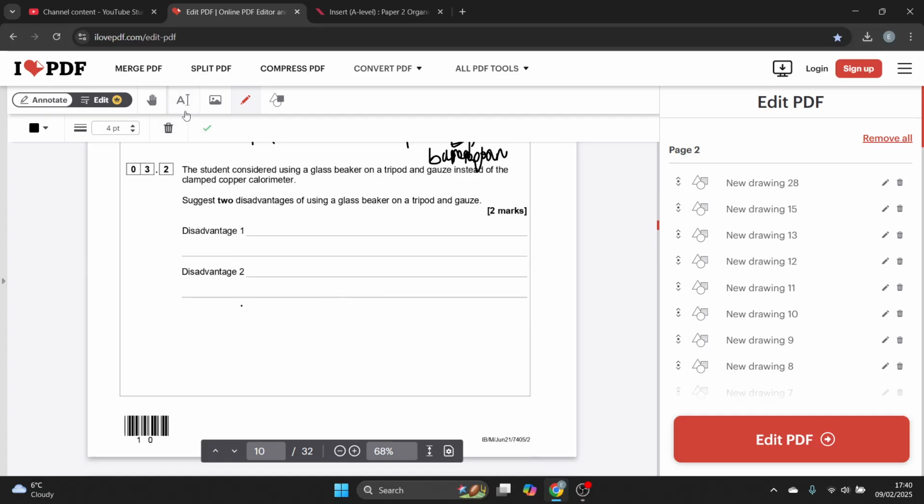Suggest 2 disadvantages of using a glass beaker on a tripod and gauze. Glass is a poorer conductor than copper.